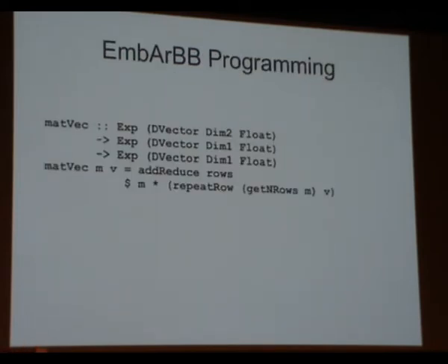In this language, the same matrix vector multiplication looks like this. Very similar to the C++ version. You have the add reduction, the repeat row. The thing that looks different is, I guess, the type. We have the expressions of DVector dimensionality 2 as an input.